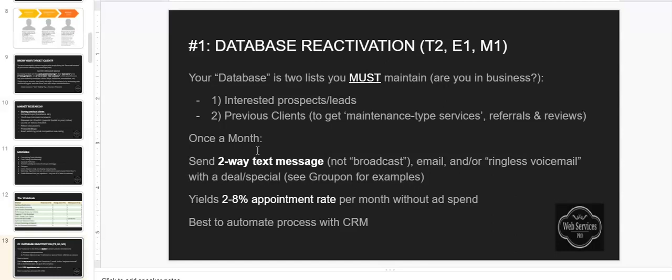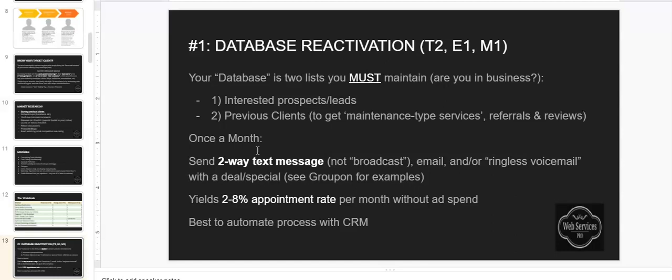And so once a month, you're going to send out a deal. You can look on Groupon. That's one of the good things about Groupon. Go to Groupon and look at what kind of deals or coupons people are responding to the most.